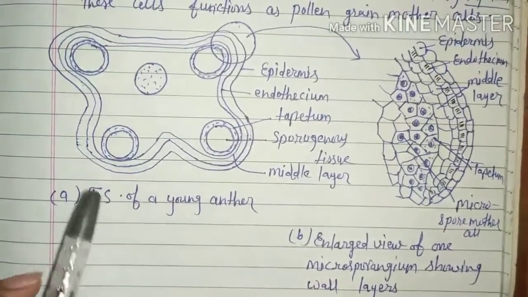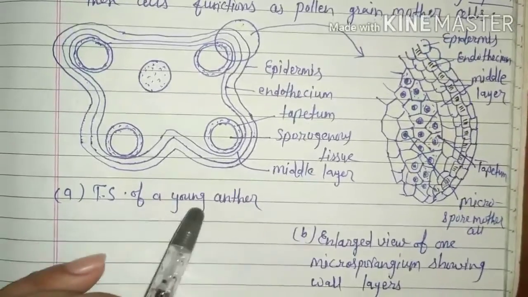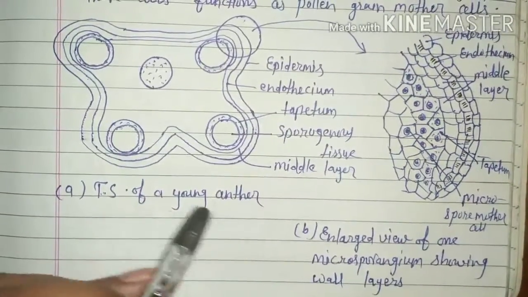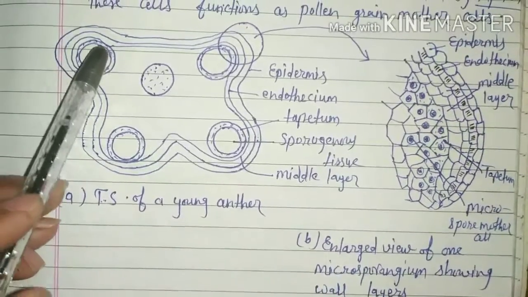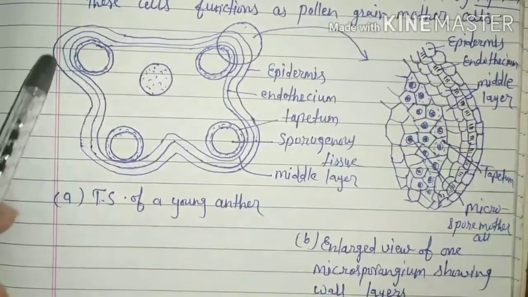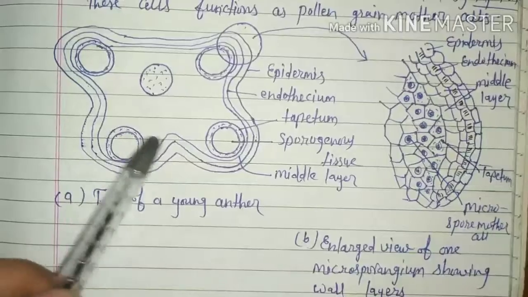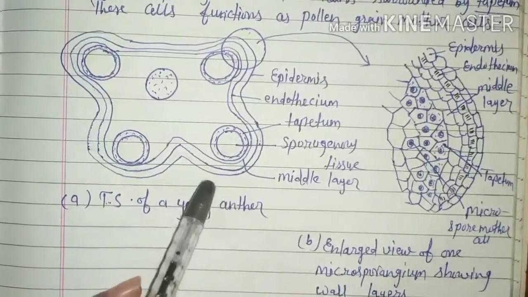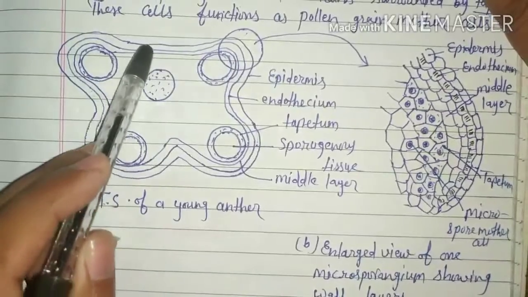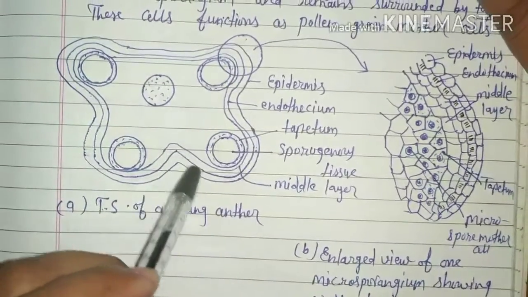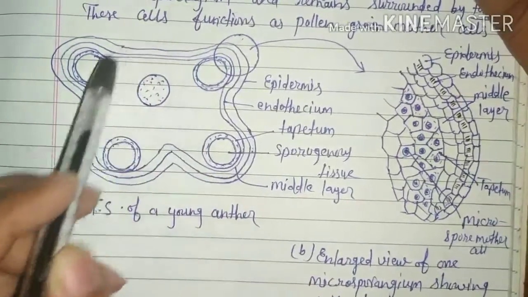Let's see the transection of a young anther. In transection, the structure of anther is seen in circular form. In anther, 4 microsporangia are seen.